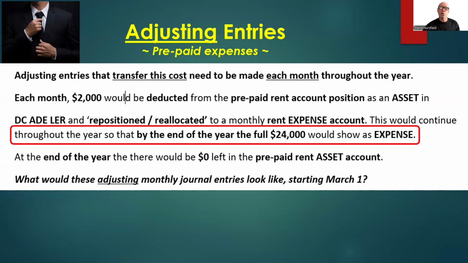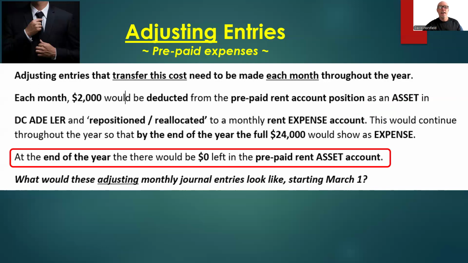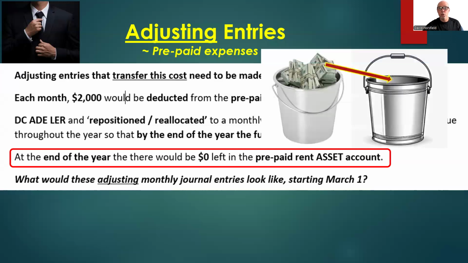So this would continue throughout the year, so that by the end of the year, the full $24,000 that originally started in this prepaid rent bucket is now going to show as an expense. At the end of the year, there would be no money left in the prepaid rent asset account because it's all being moved into the expense bucket. So it's going to look like this.